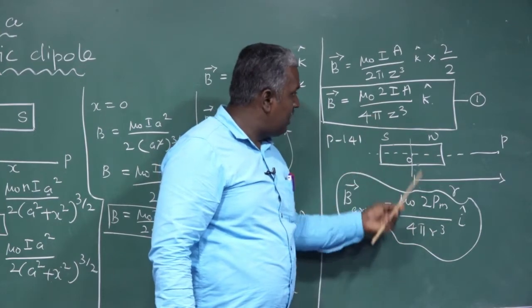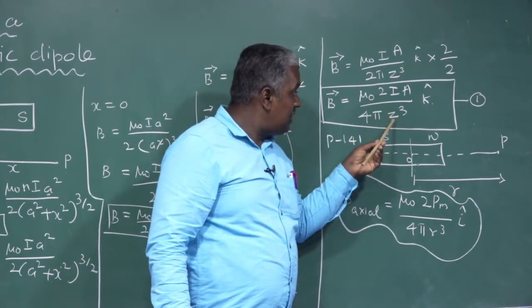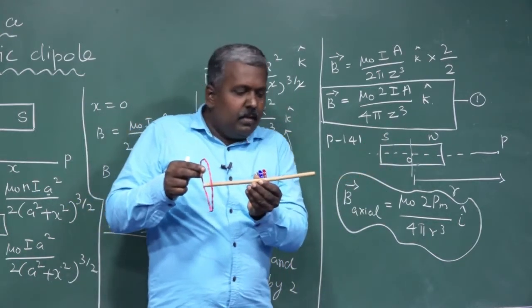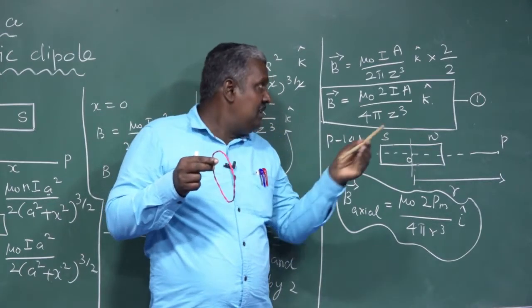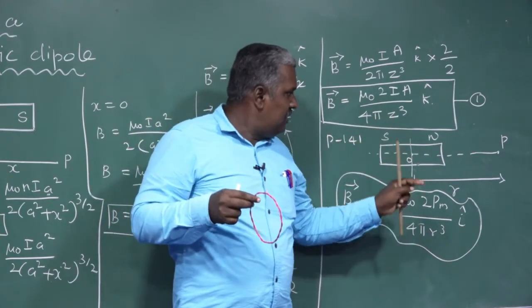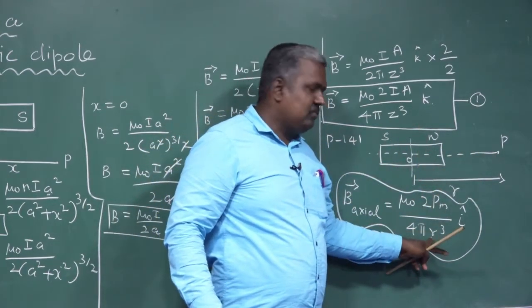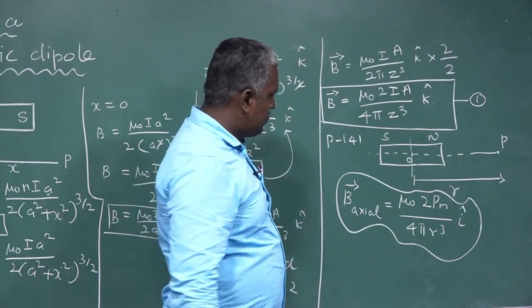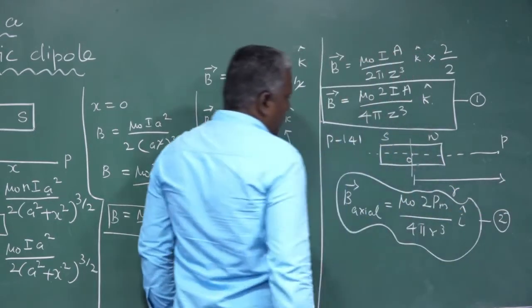Here, the distance of the point P from the center of the circular loop is denoted by Z, but here the distance of the point P from the center of the bar magnet is denoted by small r. That's all.